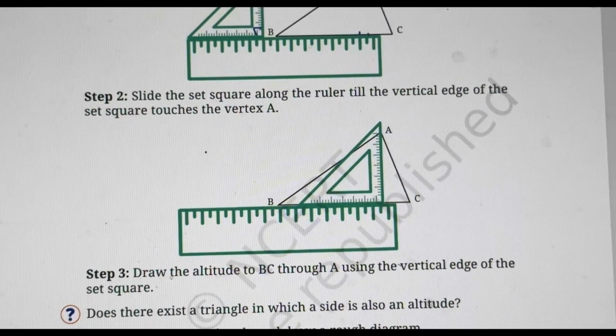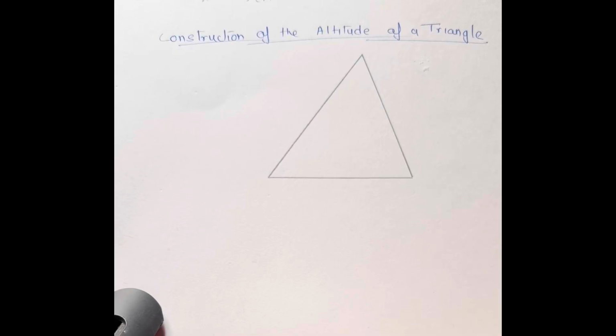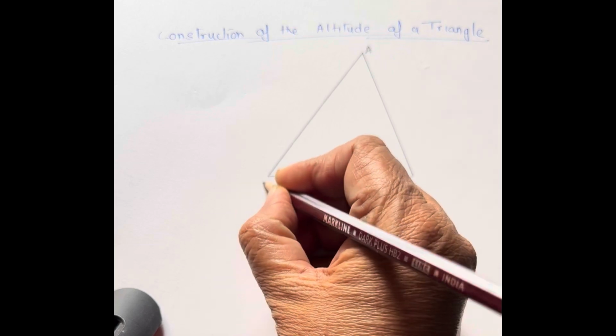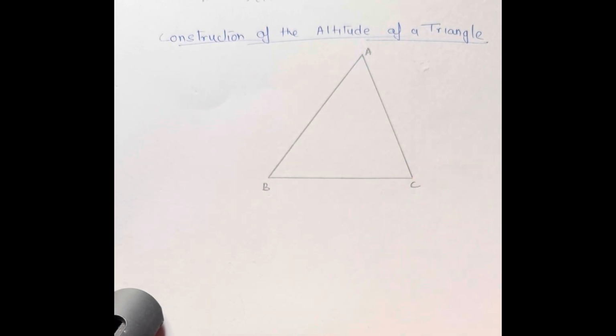Now I'll show you the method. I'll show you how to construct the altitude of a triangle. I've already drawn one triangle. We can name it triangle ABC. Now you might wonder about the use of the set square in your geometry box.